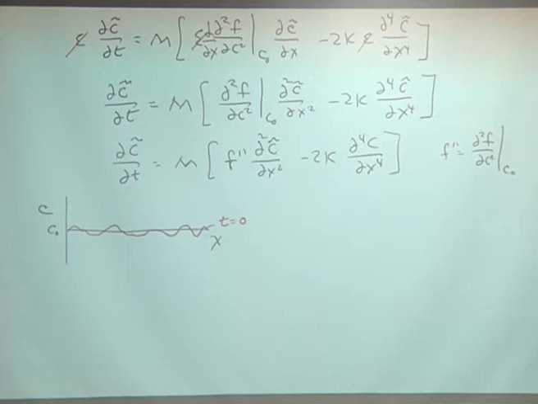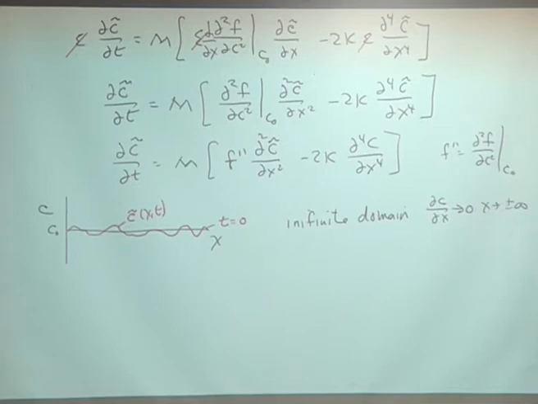And we're going to ask the question about how that composition grows in time. We're going to solve this on an infinite domain. We're going to say that the derivative of c with respect to x goes to 0 as x goes to plus or minus infinity.